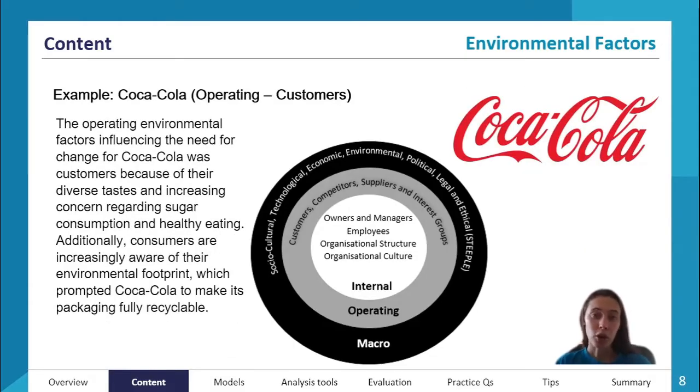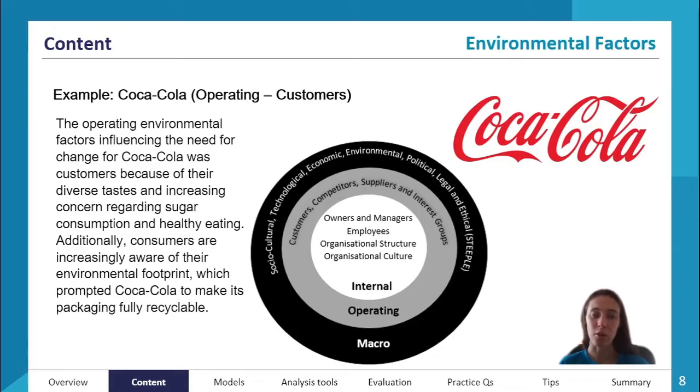We've got Coca-Cola as an example of operating for customers. So customers impacted the need for change, because they have some changing demands around things like the different sugar content that drinks have, the packaging and the sustainability of packaging, and also just diverse tastes of different people as well.